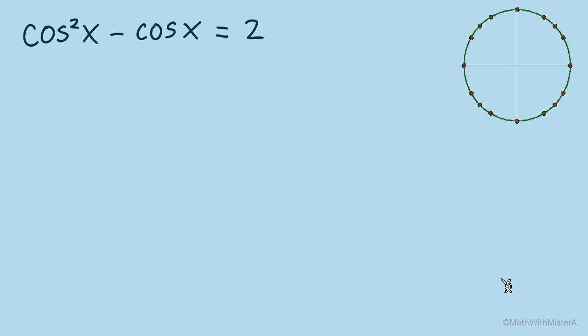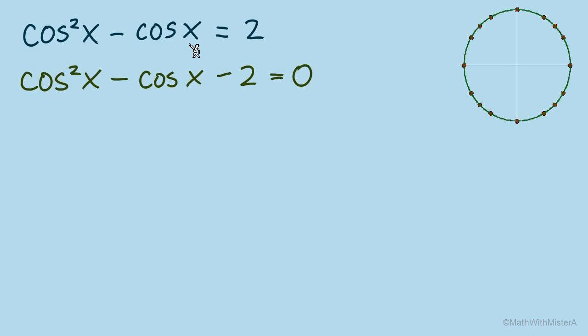Taking things up one more notch, with this example, cosine squared x minus cosine x equals 2. We want to observe we've got cosines here, but one has been squared, and we have one that is degree 1. We should work this equation like it is quadratic. I'm getting all of my terms on the left side equal to 0, and now looking at it, perhaps we could factor, and we can.